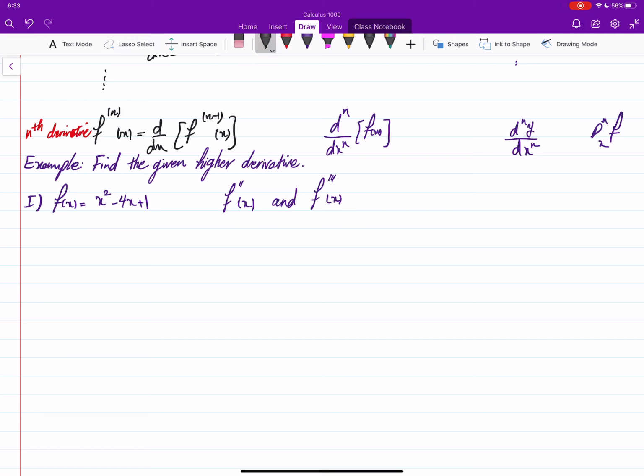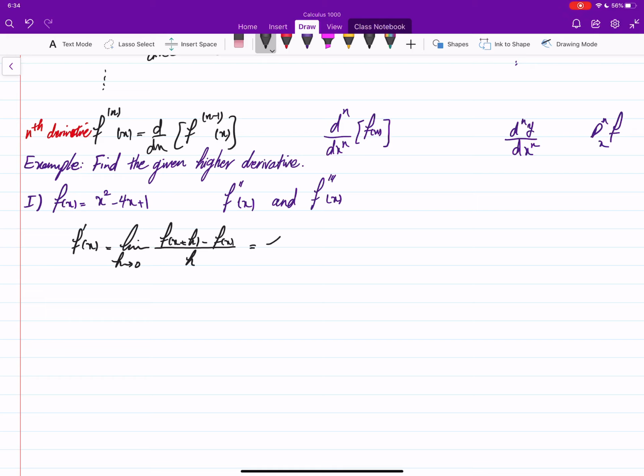To do all these things, I need to first find what is f prime x, which is given by the limit of f(x plus h) minus f(x) over h as h goes to 0.